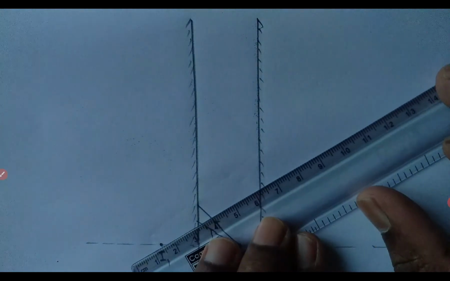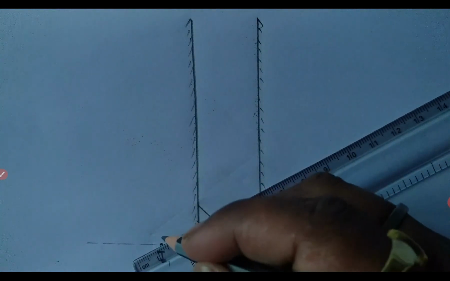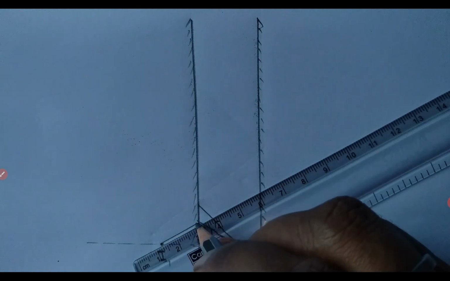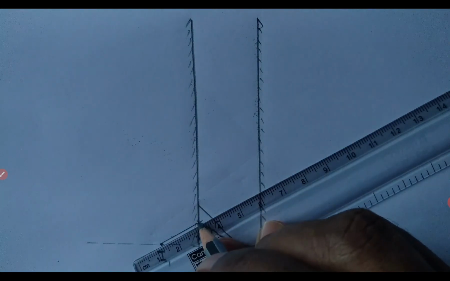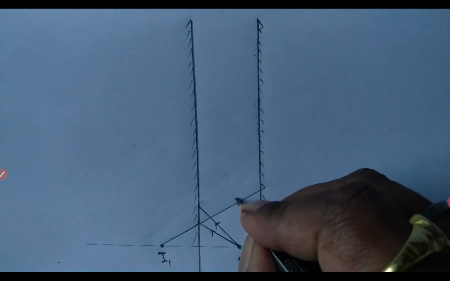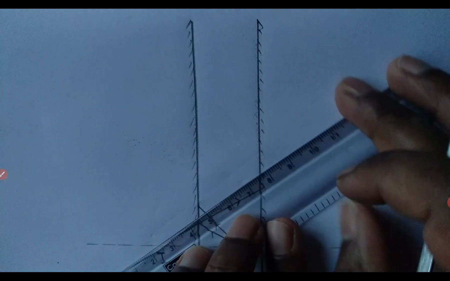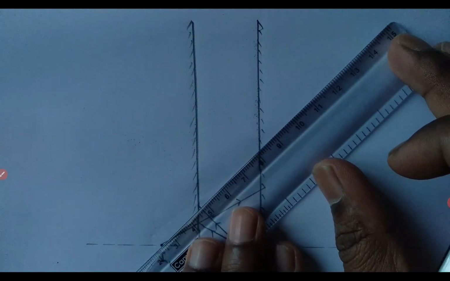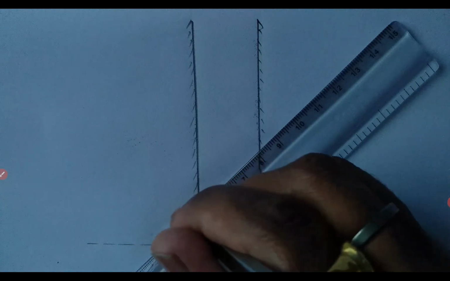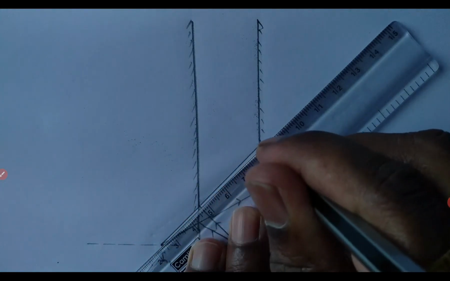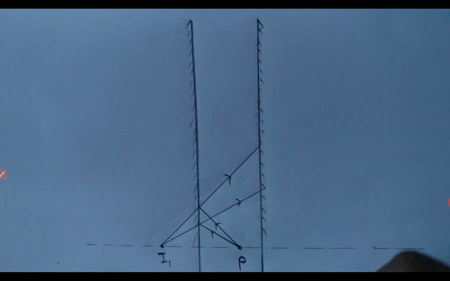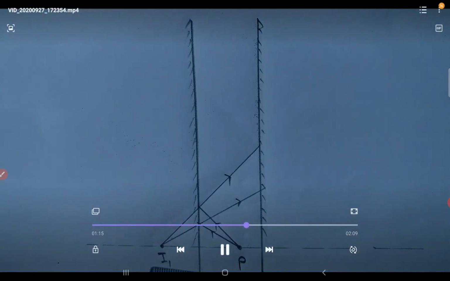Now I shall draw the reflected rays and the rays which should be produced backwards together, so that I will not make any mistake while drawing the diagram. So again I am taking the second ray also, because we need at least two rays to complete the diagram for the creation of image. Now my first image is ready. We can do it for the second image also.